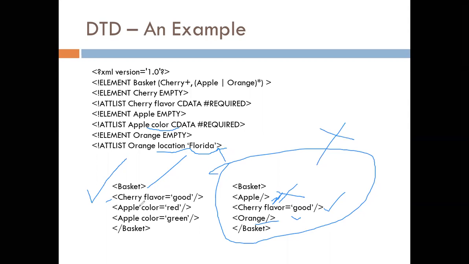And if you observe here, if the elements are at the same level, then their order doesn't matter. We can write the apple first, then the cherry. Ordering doesn't matter because it is a tree structure, and in a tree, if elements are at the same level, their order doesn't matter.